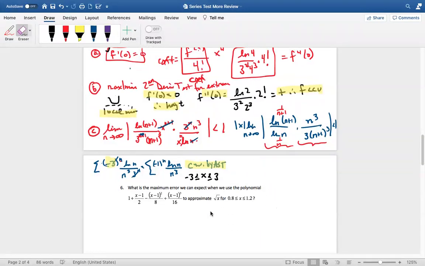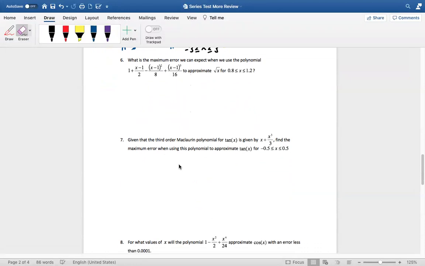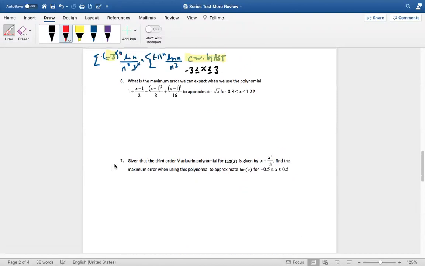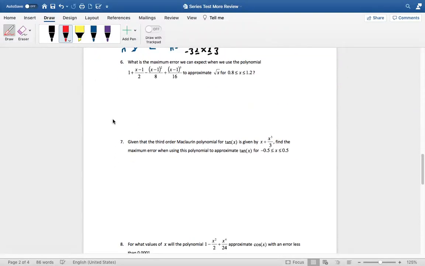All right. I just wanted to erase that because I want to practice the Lagrange. Remember, I told you 6 through 8 are Lagrange. So let's practice the Lagrange remainder. They're asking for the maximum error when we use an approximator of root x on this interval. Third power goes with third degree.